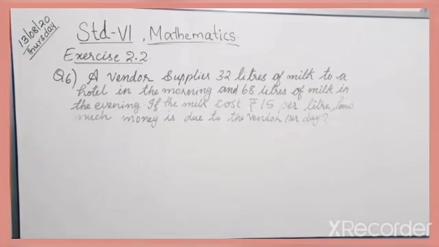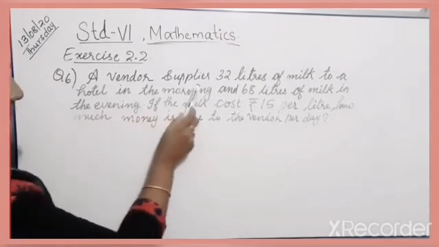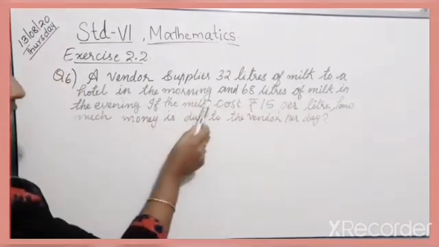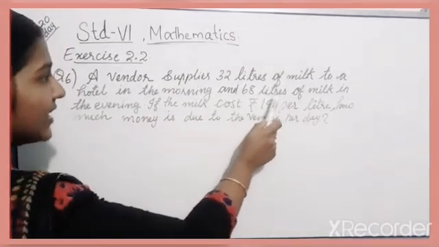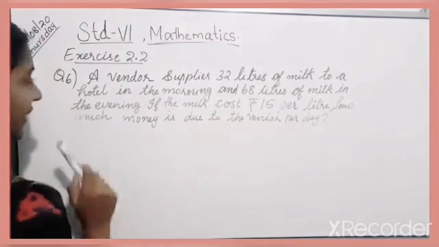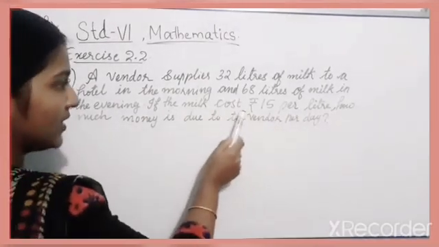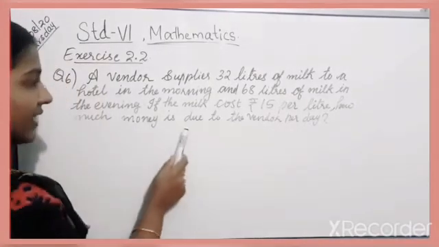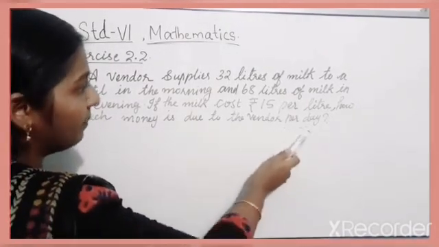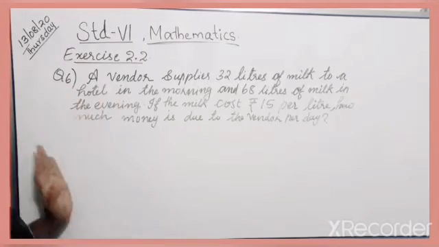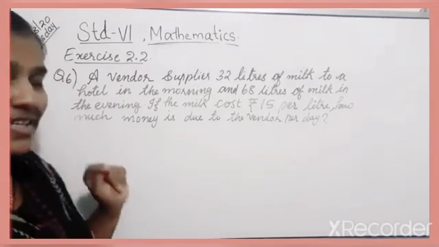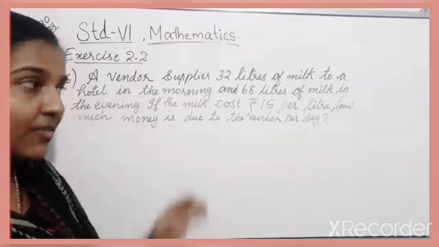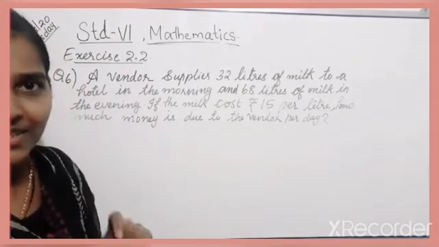Now question number 6. A vendor supplies 32 liters of milk to a hotel in the morning and 68 liters of milk in the evening. If the milk costs rupees 15 per liter, how much money is due to the vendor per day? Read the question carefully, then you can understand that this question is also the same as the previous question, isn't it?